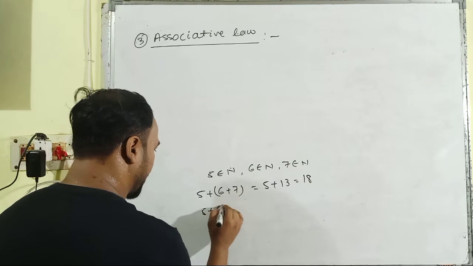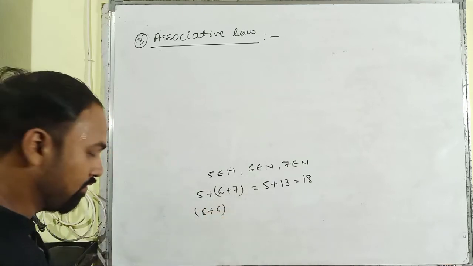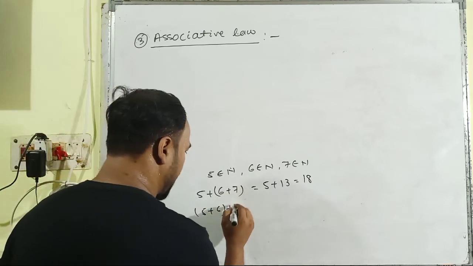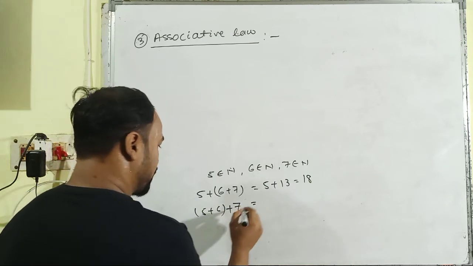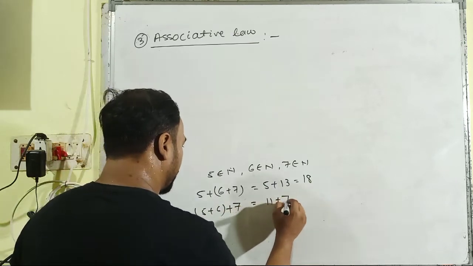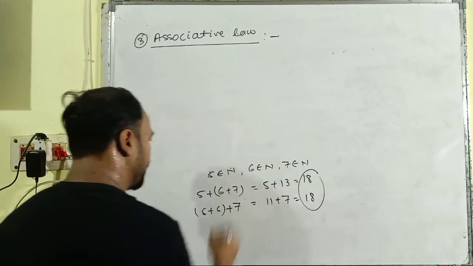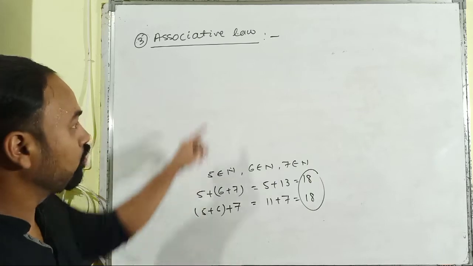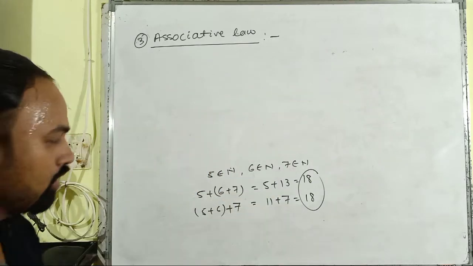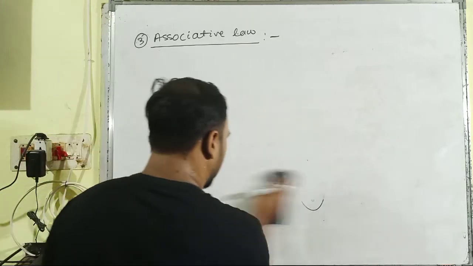Let us take the bracket for the first two numbers. Then in the bracket 5 plus 6, plus outside 7, we solve the first part. Here it is 11 plus 7, it is 18, and both of them are equal. So by using this property, we have to prove the associative law, and you can prove that it is the genuine method.